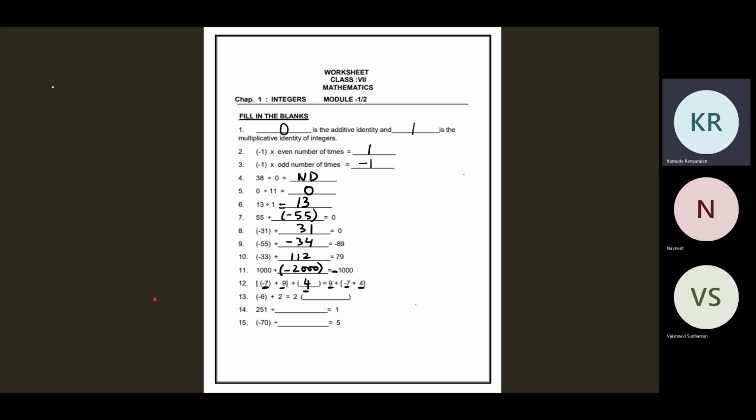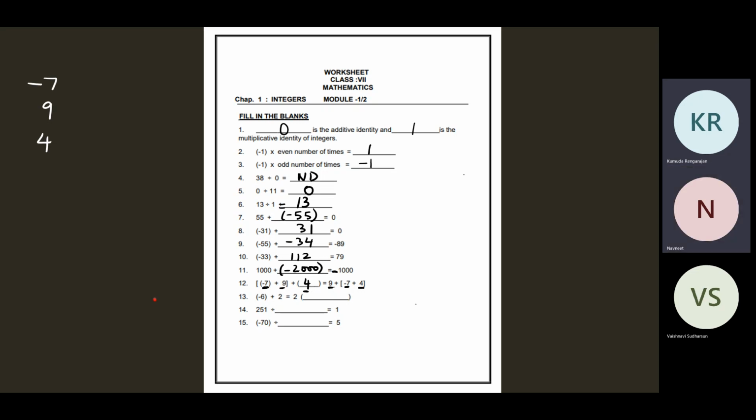Are you all listening to me, Navneet and Anirudh? Yes, ma'am. The 3 numbers are minus 7, 9, and 4. On the left hand side and right hand side, the 3 numbers are grouped in a different way.